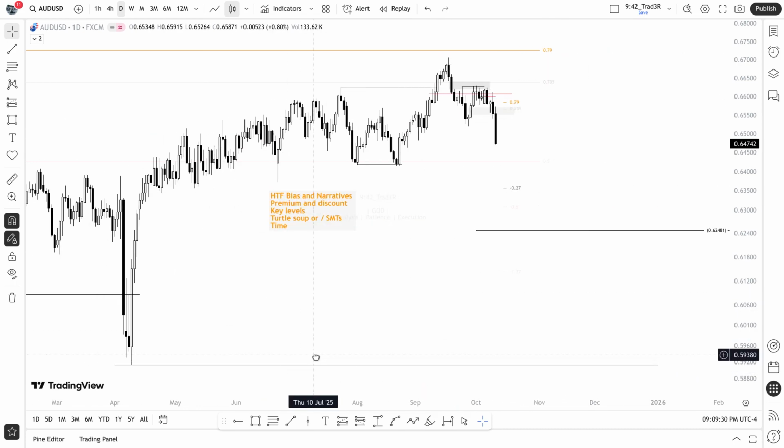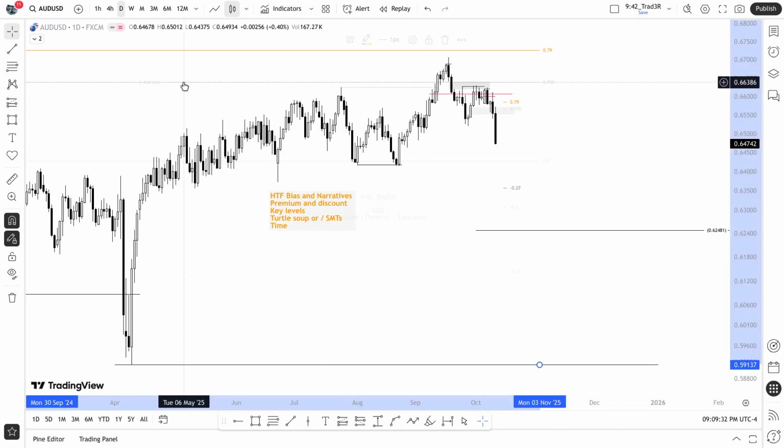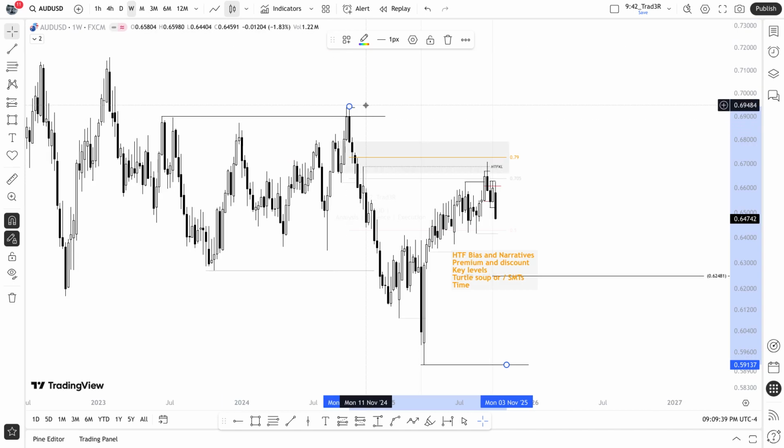So now on the daily time frame, price has hit the premium level. Let me make this clean. This premium.